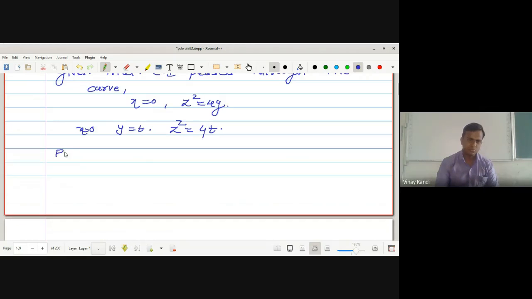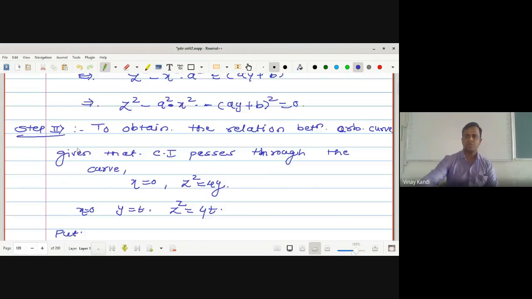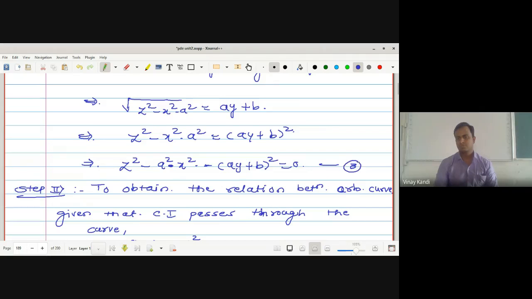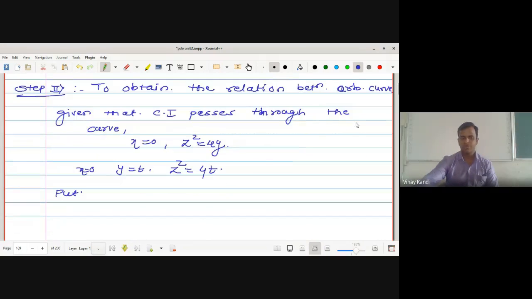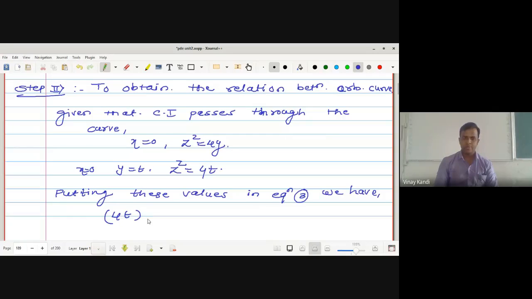Now putting these values in equation 3, we have x is equal to 0. म्हणजे काय तिथे 4t minus a square into 0 minus (at plus b) bracket square is equal to 0.